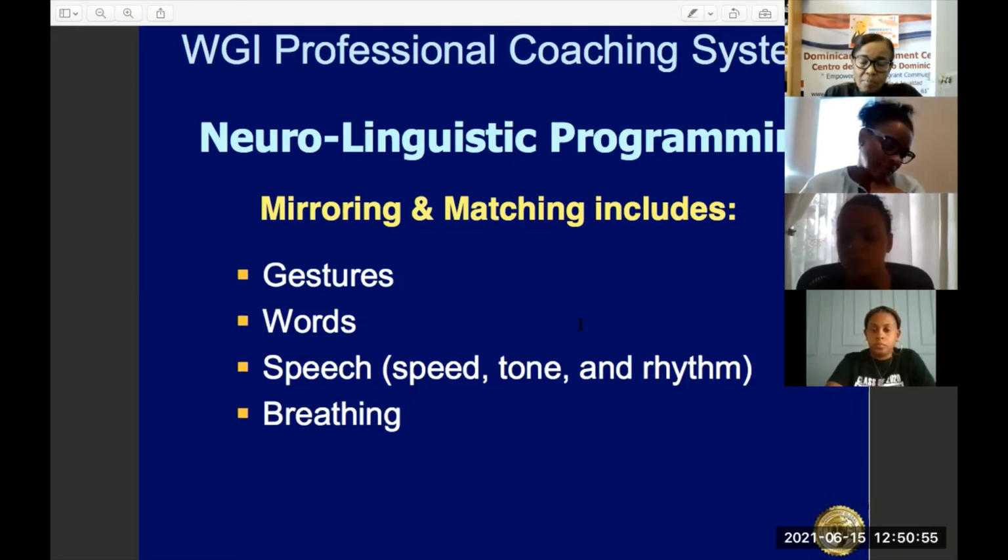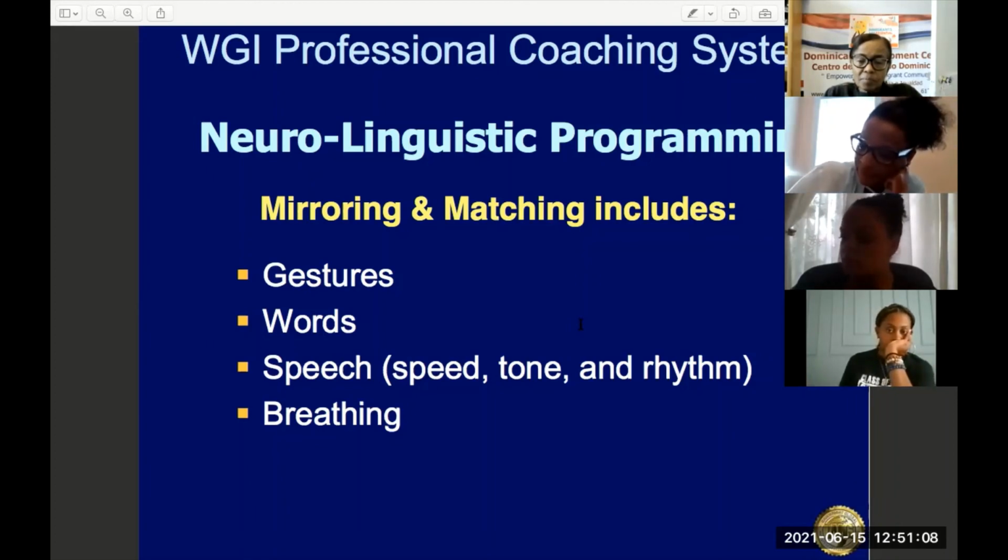So it's really about being able to observe and then to match, right? Mirror and match, exactly what it sounds like. Match the person's way of communicating and taking in information so that they can feel heard, and you can develop a level of rapport with them. It's really one of the keys to helping your clients feel comfortable with you.